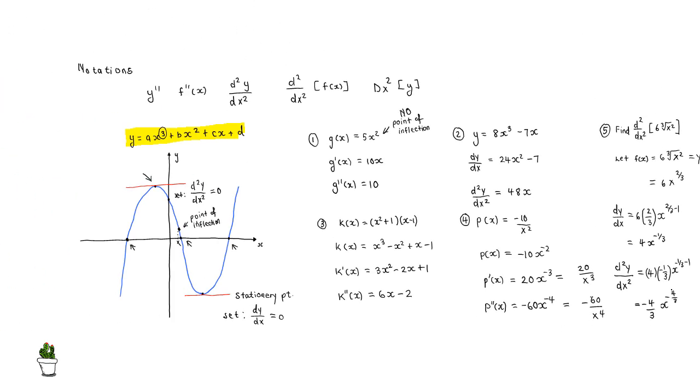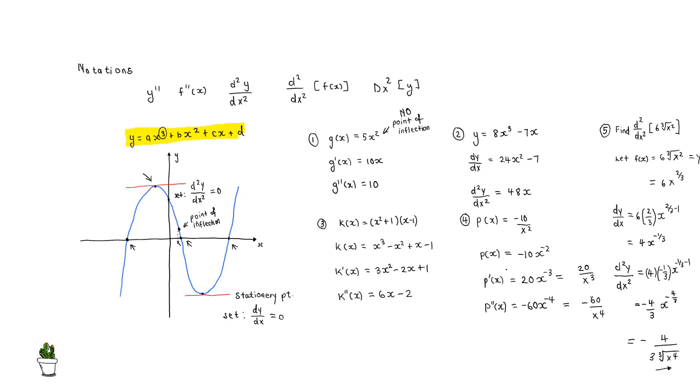If you really wanted to, you could clean this up and write it as minus 4 divided by 3 times the cube root of x to the 4th power. So this is how we compute our second derivative function.